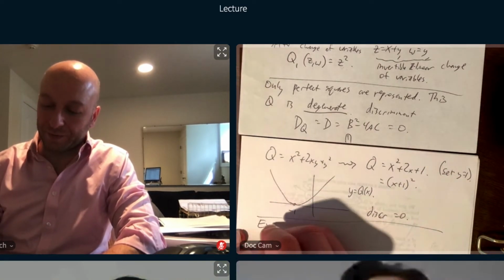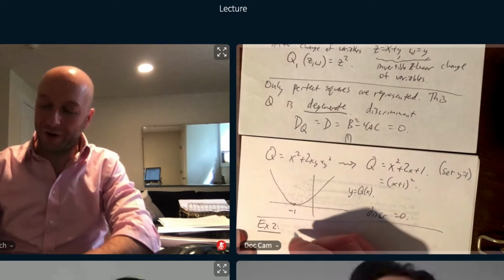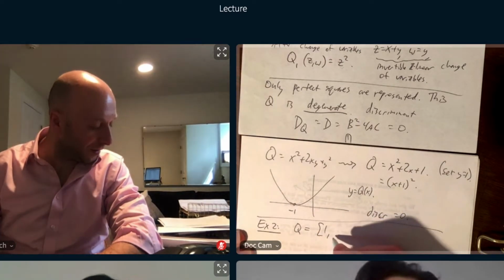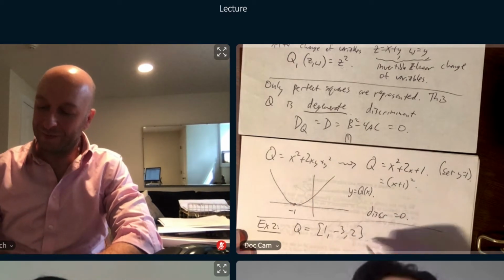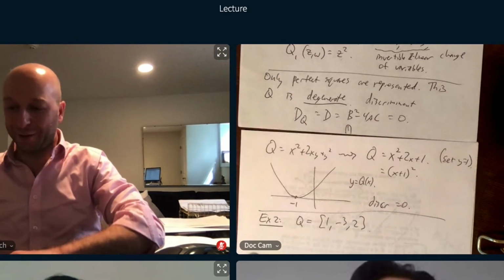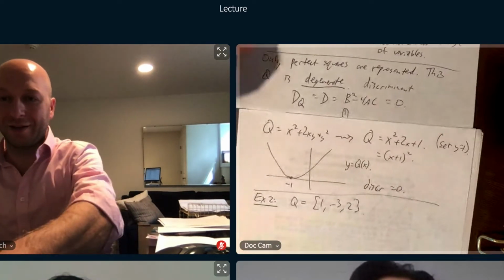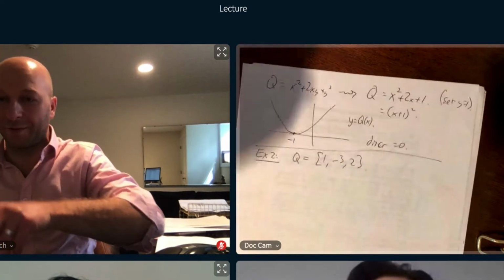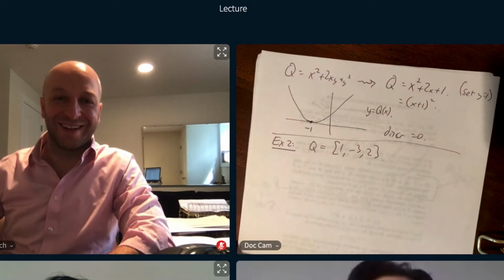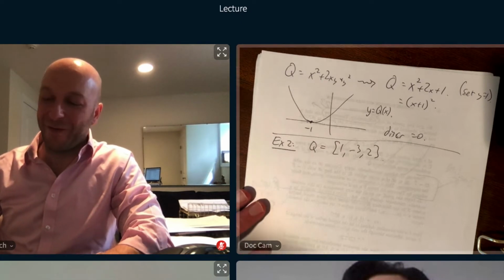Example 2 is the quadratic form q equal to 1, negative 3, 2. What's wrong with this quadratic form? Nothing's wrong with it. Let's not judge here. Who knows what this form's upbringing was, but very good.